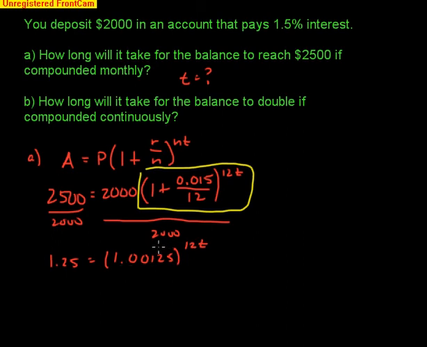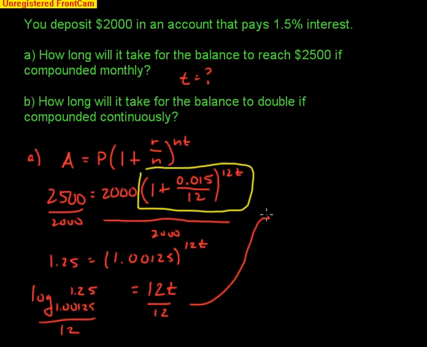And now you want the exponent to come down. To bring the exponent down, this is an exponential equation, so you must use logs. So the 12t comes down. And over here, you're going to get a log. The base of the log is the base of your 12t, well, that's 1.00125. And then the other number goes in the big spot. So now to eventually solve for t, you'd have to divide by 12.